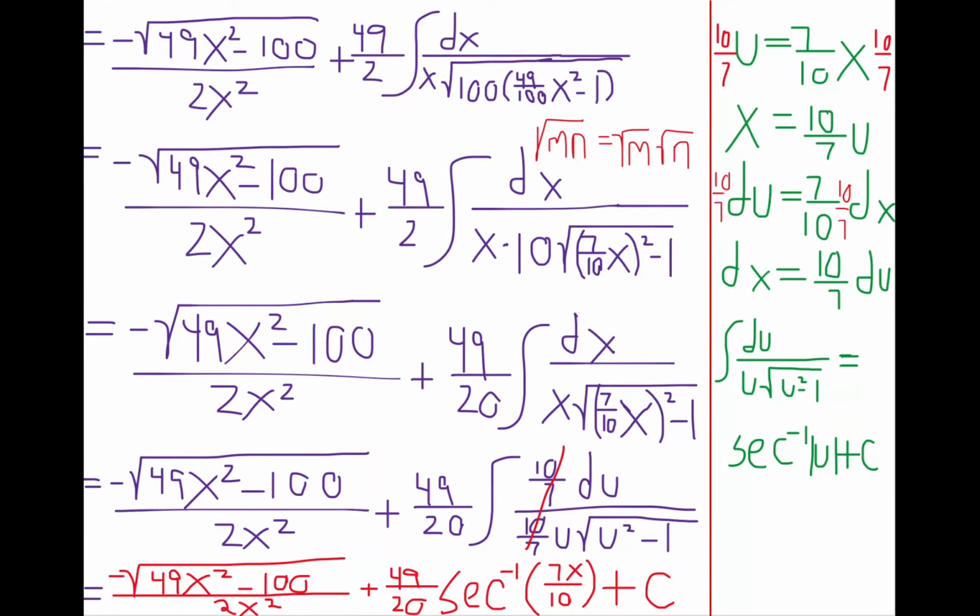And then we see that we have that inverse secant right here. So we have inverse secant of 7x/10. I don't need to write the absolute value here because 7 and 10 are positive. So just the inverse secant of 7x/10 and then plus c. Don't forget that constant of integration since this is an indefinite integral. And that completes this problem.